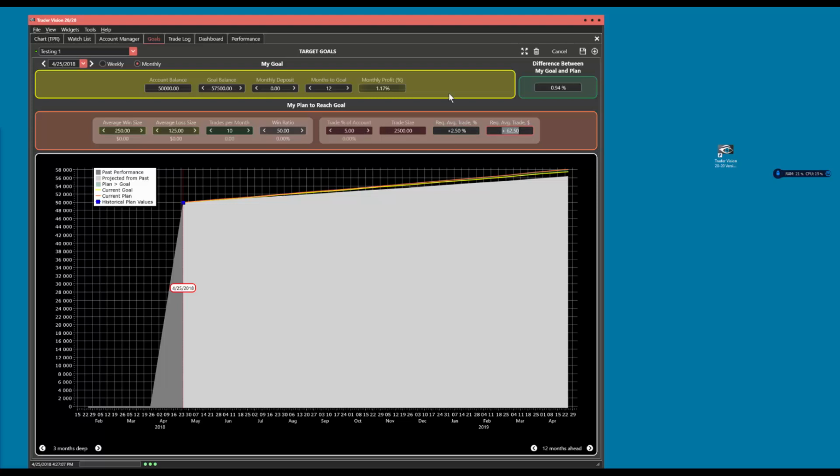And that is going to get us, if we can do 10 trades per month, win half of them, and keep $250 average win and $125 average loss, that is going to beat our goal by just under 1%. So whatever 1.1% of 1.17% is what we should make per month.